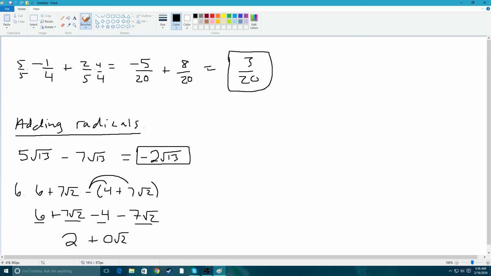And 0 times anything is just 0. So 2 plus 0 will give us 2. So this is an example of taking radical numbers, or sorry, irrational numbers, combining them and getting a rational number as a result.